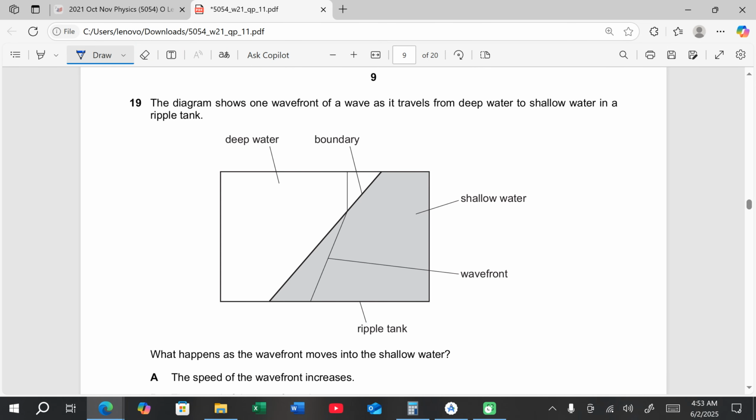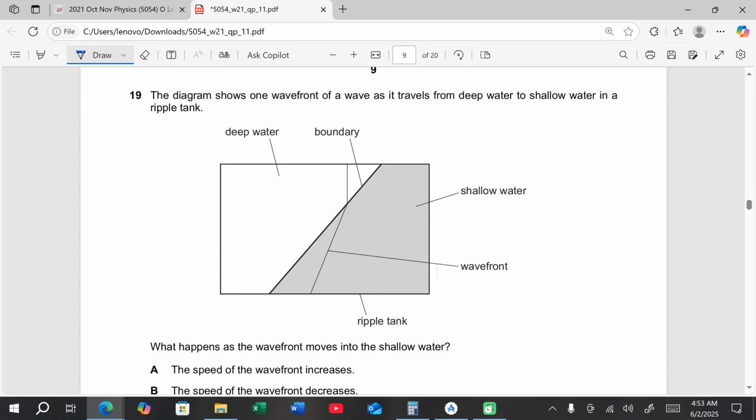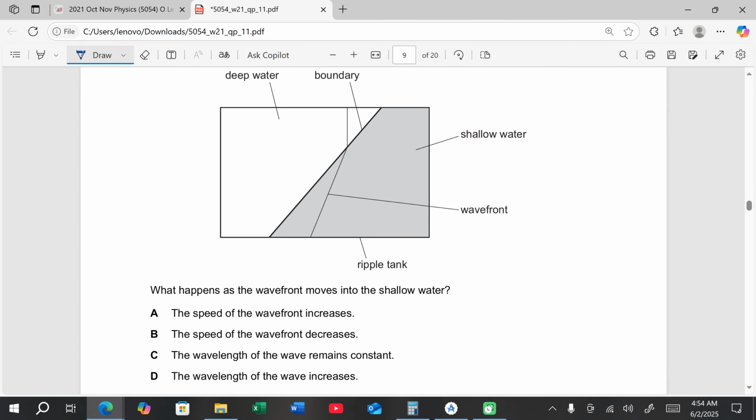The diagram shows the wavelength of the wave as it travels from the deeper to the shallow medium. What happens to the wavefront as it moves into the shallow medium? You need to remember one thing: whenever the wave travels from deep to shallow, its speed decreases, wavelength decreases, but frequency remains the same.